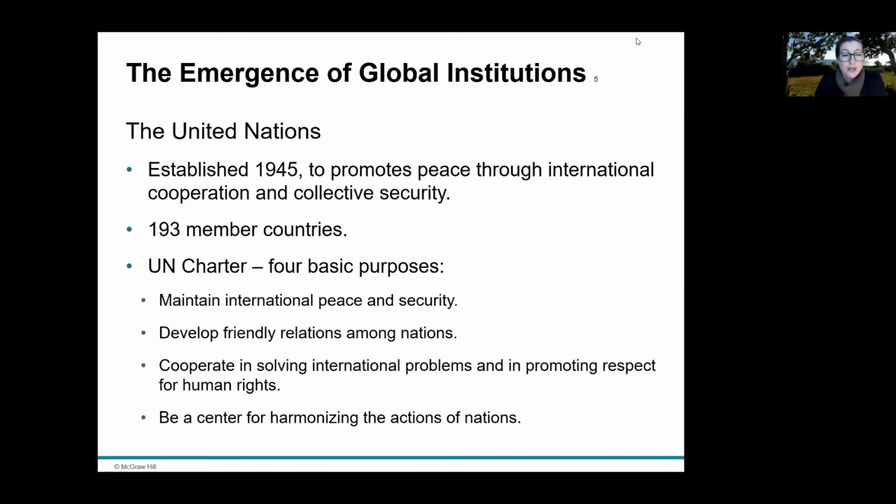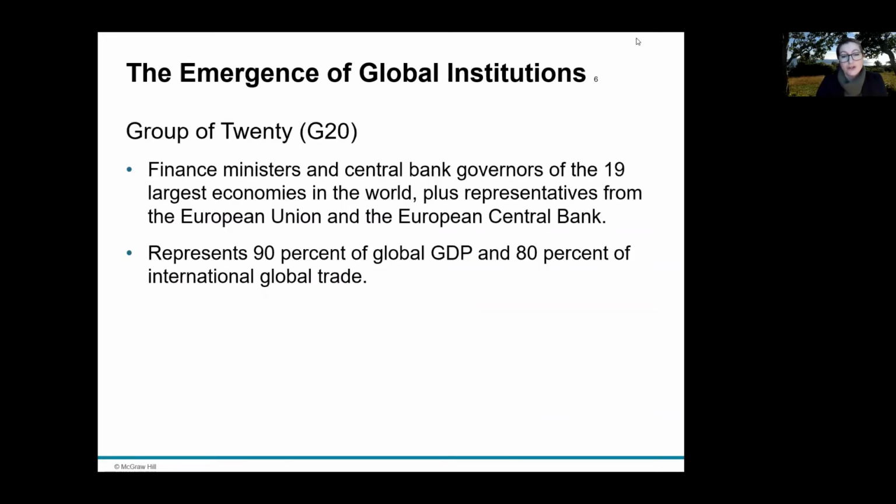The United Nations was established in 1945 to promote peace through international cooperation and collective security. We're talking about 193 member countries and 4 basic purposes: maintain international peace and security, develop friendly relations among nations, cooperate in solving international problems, especially with regards to human rights, and be a centre for harmonising the actions of nations.